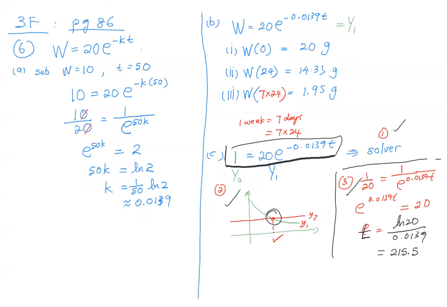So 0.0139 T. So my W prime T will be 20 times negative 0.0139, then e to the power negative 0.0139 T. If they say algebraically, you just differentiate this. After that, you use your GC to get the answer. Am I right? You get W prime 100.